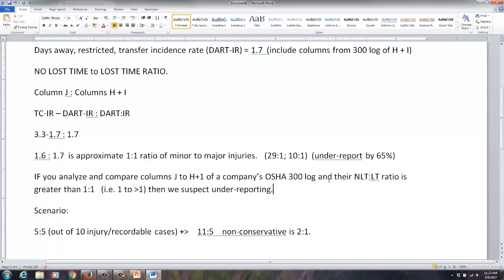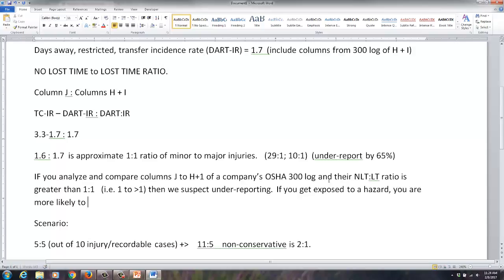We only suspect it because maybe it's just a very dangerous workplace, and if you do get exposed to a hazard, you are more likely to sustain a severe injury, which is a days away or restricted transfer injury, than a no lost time or first aid-ish injury. Okay? That's what it means.